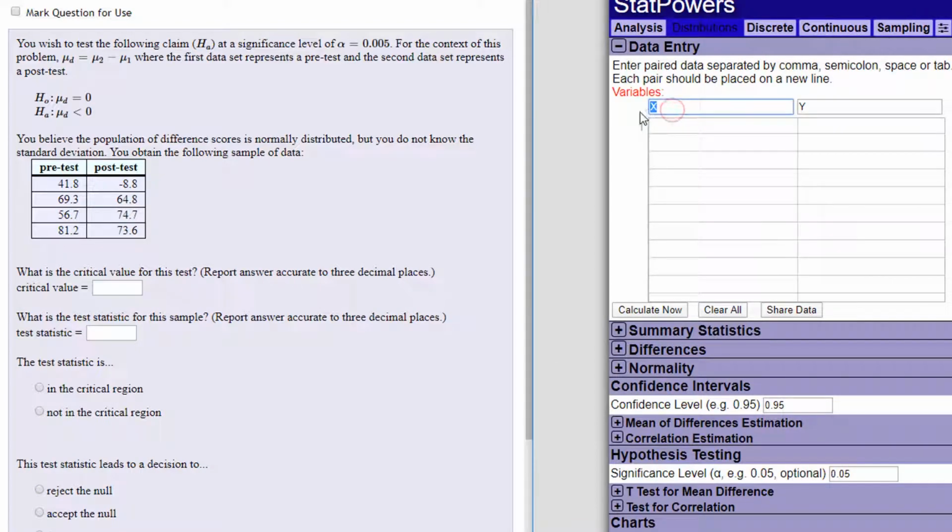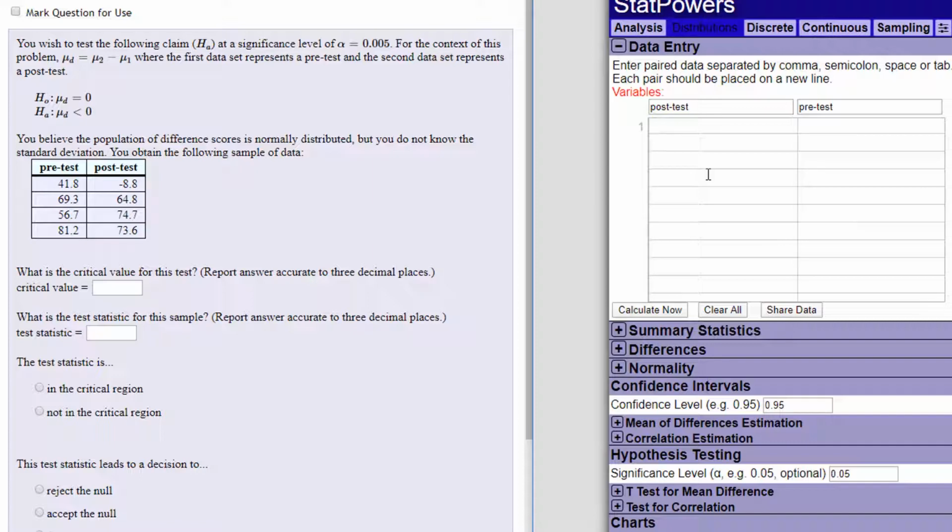Because StatPowers at the moment calculates for paired, it calculates the first column minus the second column always. We need to put in the post-test data in this column and the pre-test in the second column.